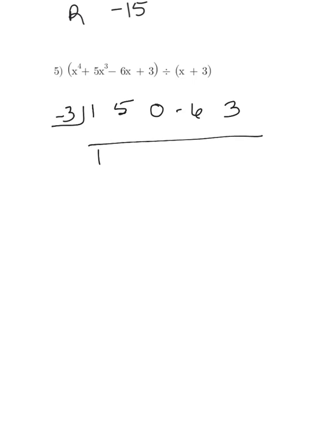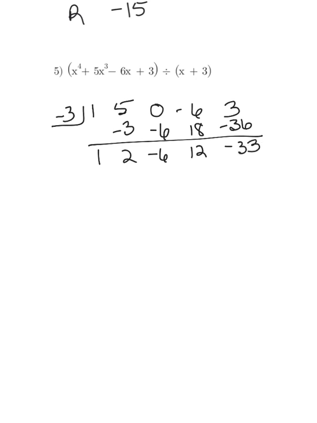So bring down the 1. 1 times -3 is -3. 5 plus -3 is 2. 2 times -3 is -6. 0 plus -6 is -6. -6 times -3 is 18. 18 and -6 gives me 12. 12 times -3 gives me -36. 3 plus -36 gives me -33.